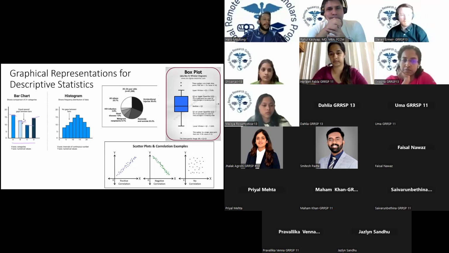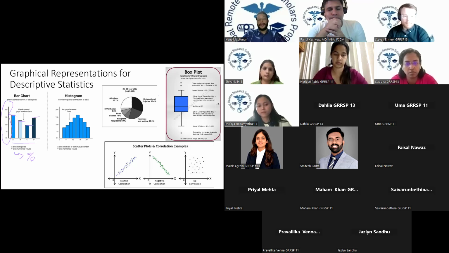This is like around 16. This is like around, I don't know, 13. This is 10, and this is 15. You can also, instead of just counting or having the frequency in the y-axis, have the percentages. That is a frequent way to represent qualitative data.